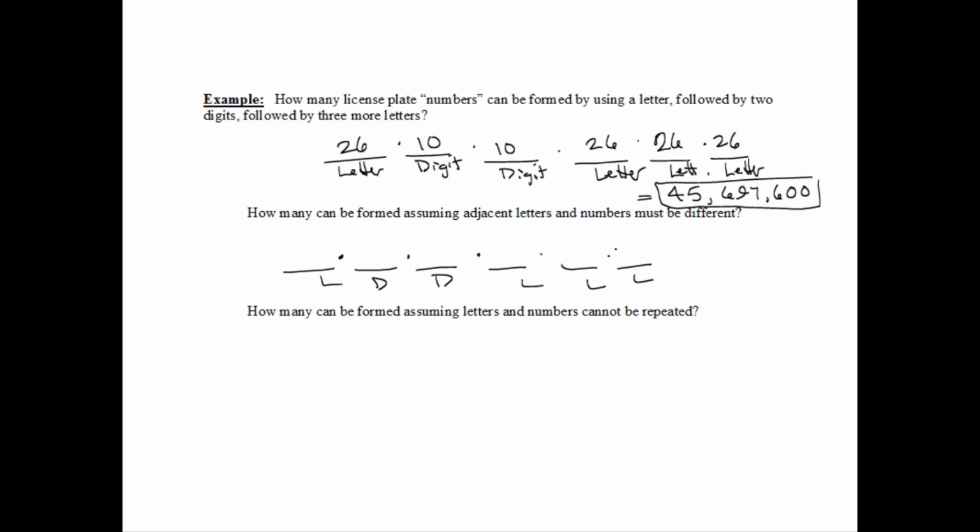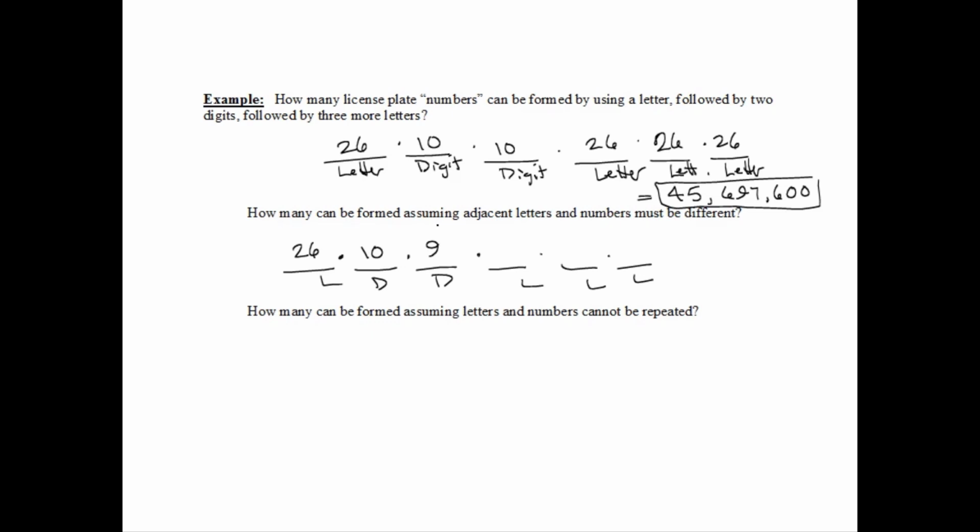Okay, we're going to figure out how many of each, and we're going to multiply them all together. So for the first letter, there's 26 possibilities. For the first digit, there are 10 again. Now, for the second digit, we only have 9 possibilities because we're not allowed to use whichever one was chosen to put in the previous slot. So we only have 9 possibilities.